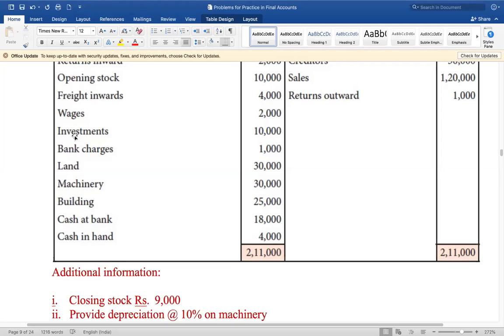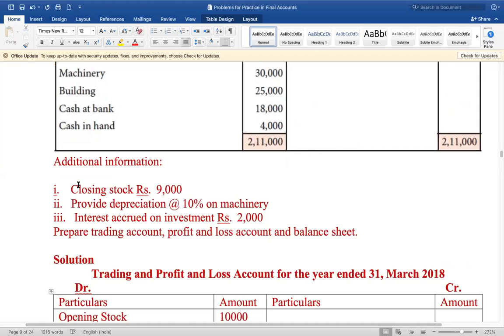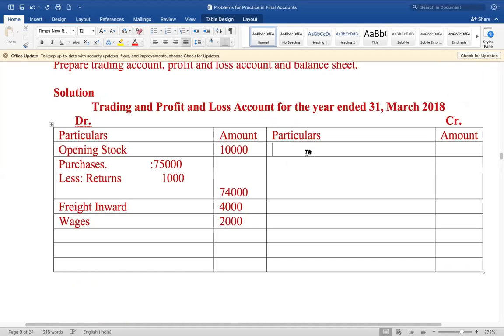These are assets, as I already told you, so they should be taken in the balance sheet. We have missed giving the prefix to all these transactions: to purchases, to freight, to wages.